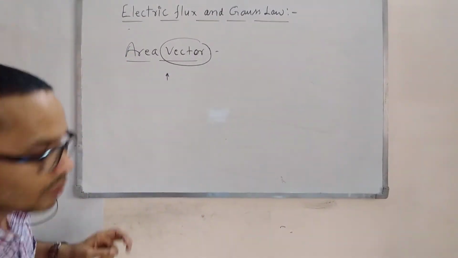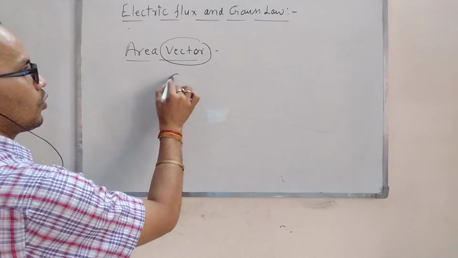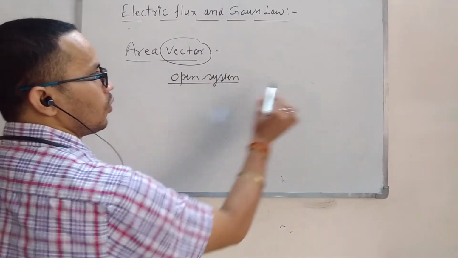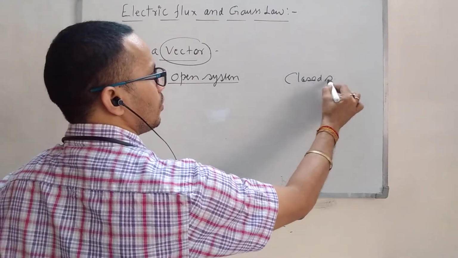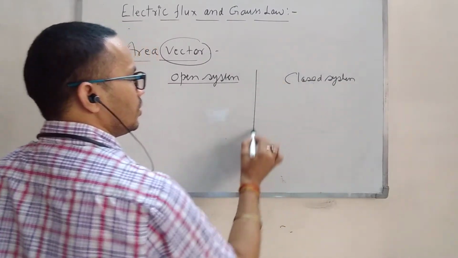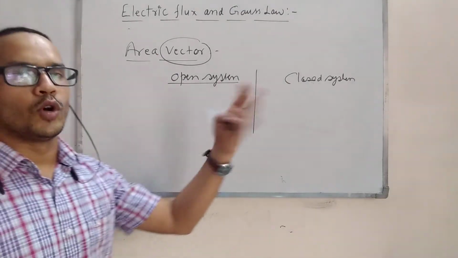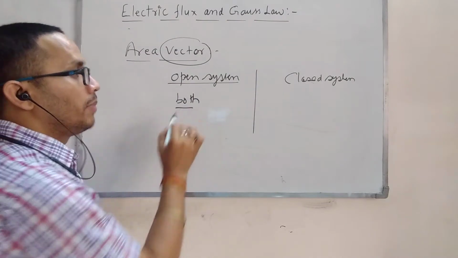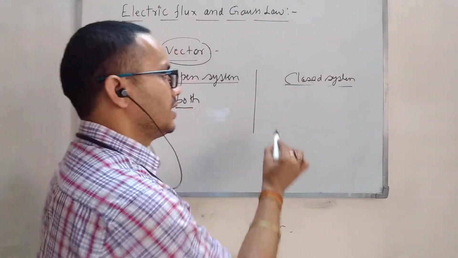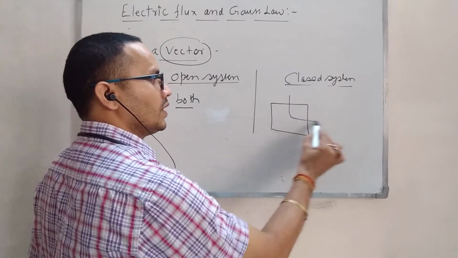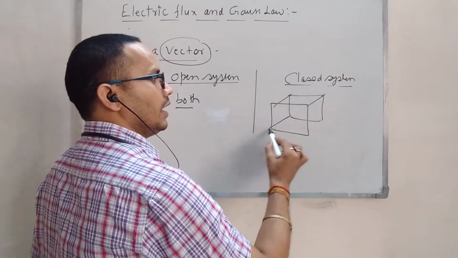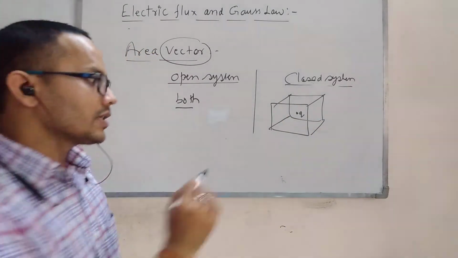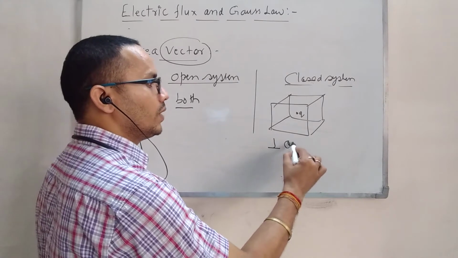If I am dealing with a two-dimensional system, open system and closed system, there is one sign convention. If you are dealing with an open system, you can take it both inside and outside. But if you are dealing with a closed system, let's say a cube, a 3-dimensional system, and we have placed some charges inside the cube, then its area vector is always calculated perpendicularly outward.